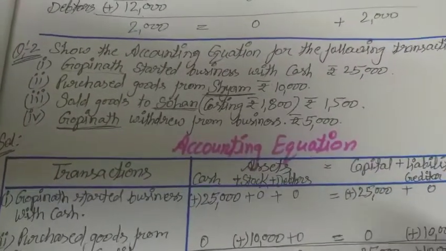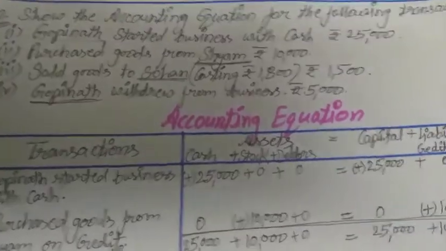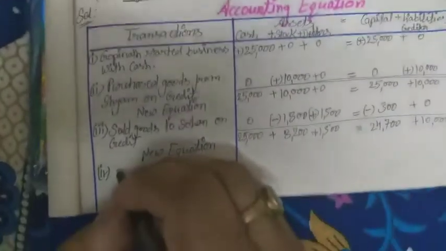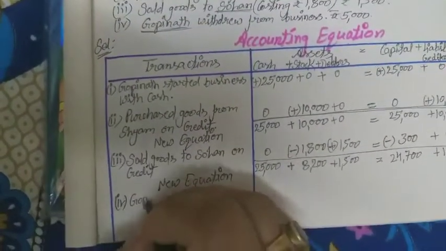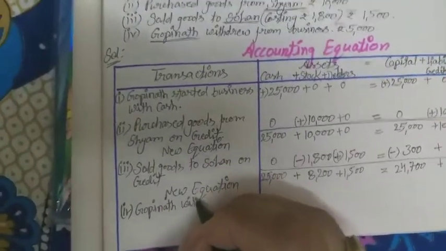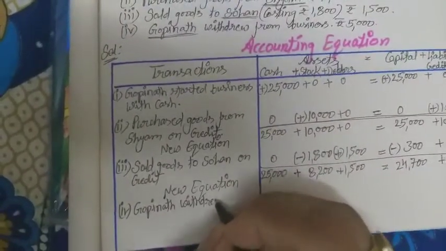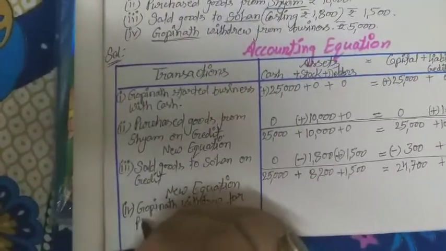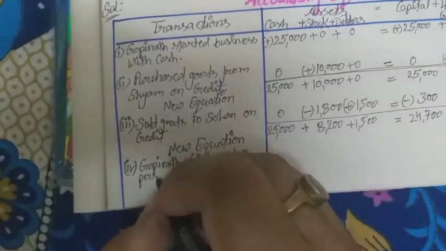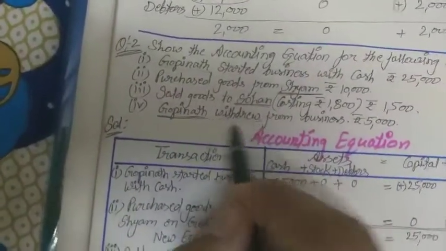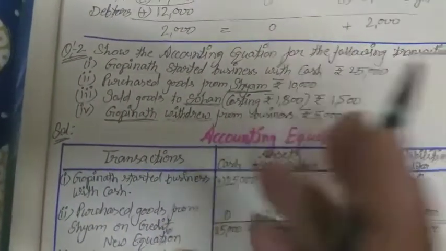Gopinath withdraws 5,000 rupees from his business. So first we should write the transaction here: Gopinath withdraw for personal use. When only withdrawal is given there, nothing is mentioned for which purpose he is withdrawing.